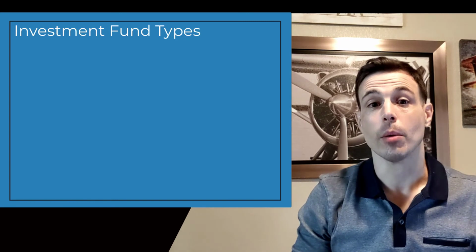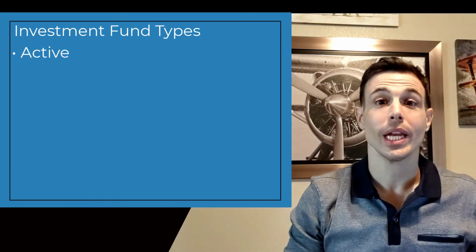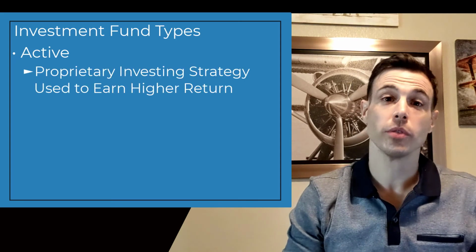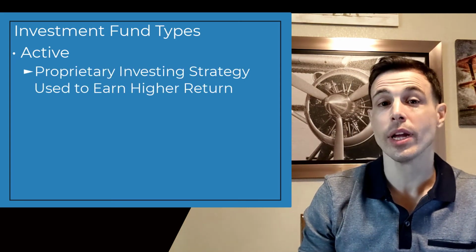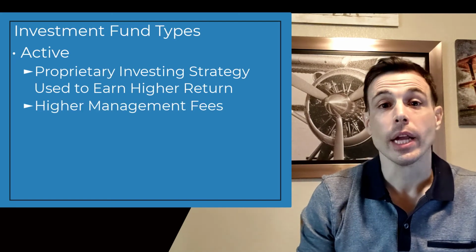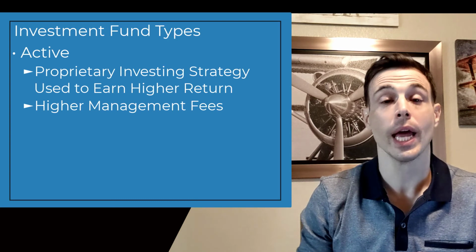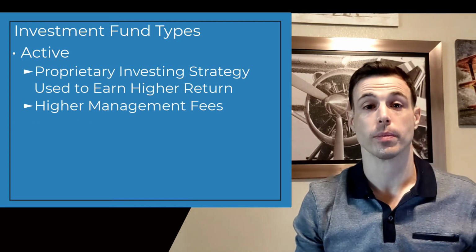So now that we've reviewed the different types of investments, the next thing you'll need to do is choose the type of investment fund. And investment funds typically come in 2 types, active and index. So in an active fund, the managers of that fund will use a proprietary investing strategy to try to earn a higher return. And management fees are typically higher because you're paying for the manager's skill and the potential for higher returns.